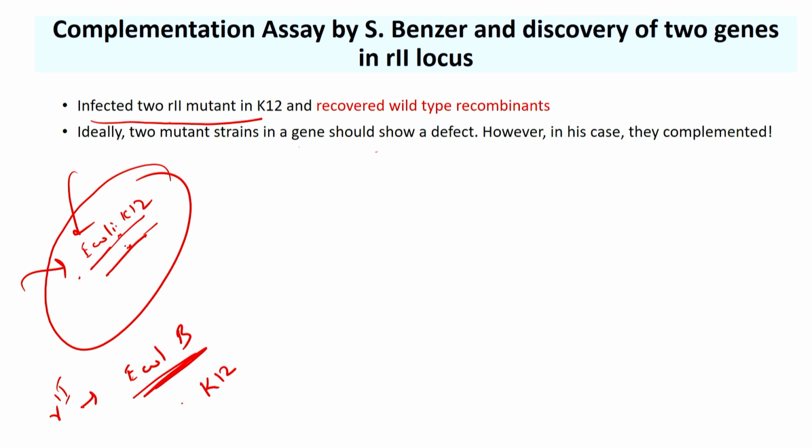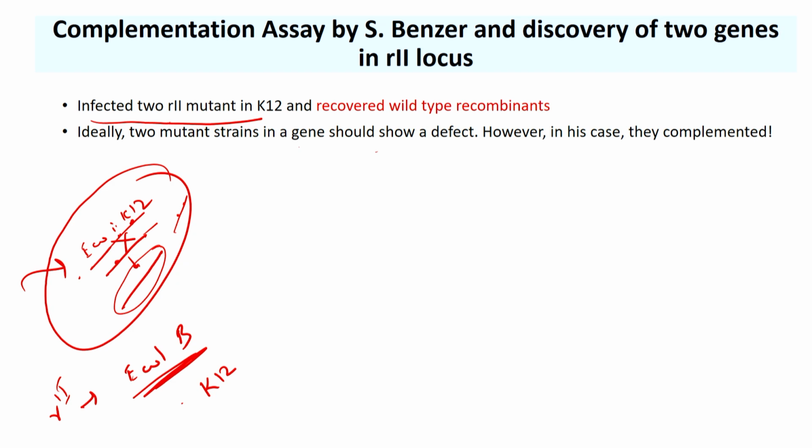But what if the two mutants, let us say a mutant here and a mutant here, can produce a recombinant which is wild type, right. There are some viruses where both the mutations are together, but there are some viruses where they become wild type, and wild type can infect K12.